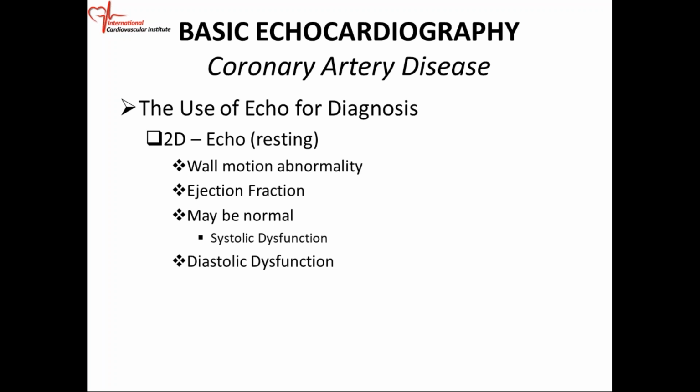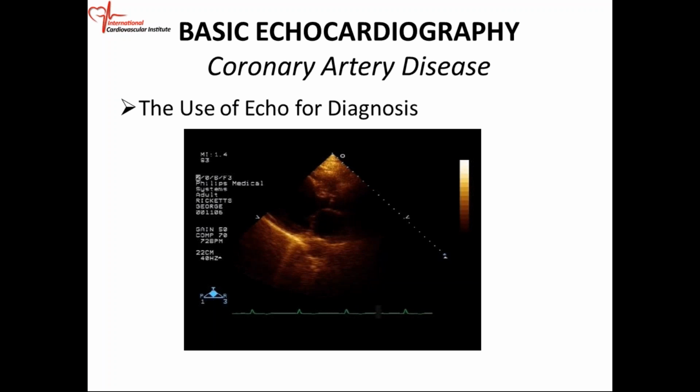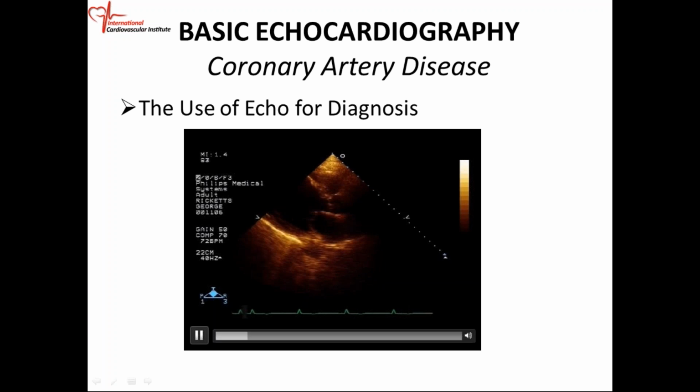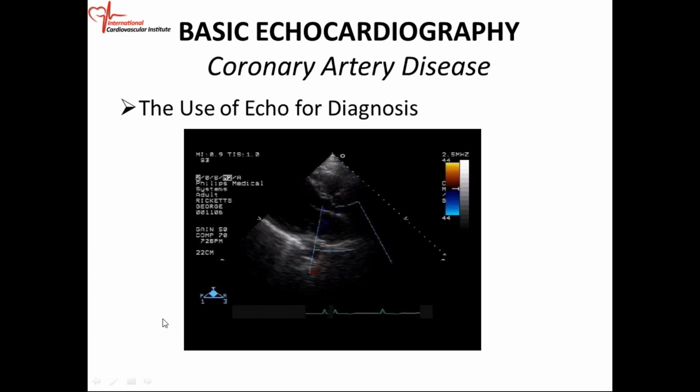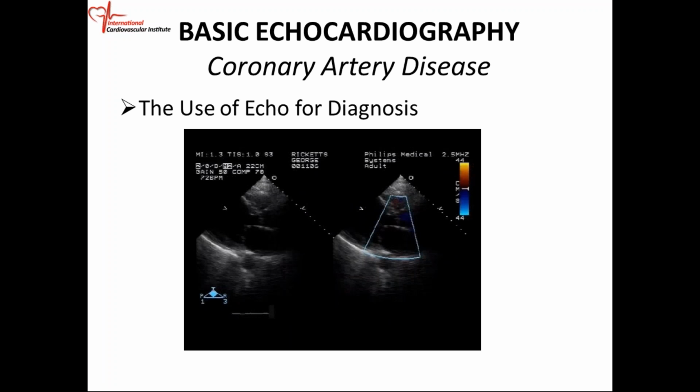And so when you exercise them and you look at the E/E prime, it will be elevated, telling you that they have increased left ventricular filling pressures, which will cause symptoms. So it's important. If this patient comes to the echo lab, you can see that there is wall motion abnormality. Ejection fraction is reduced.